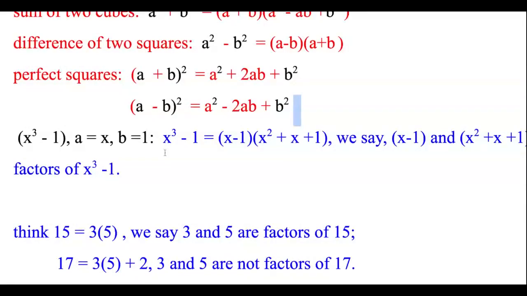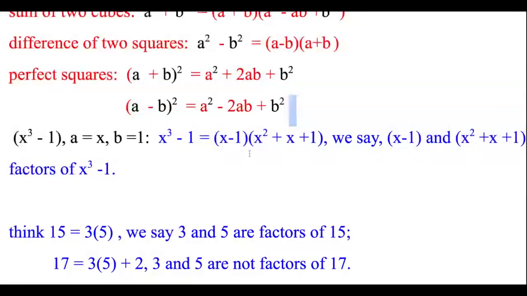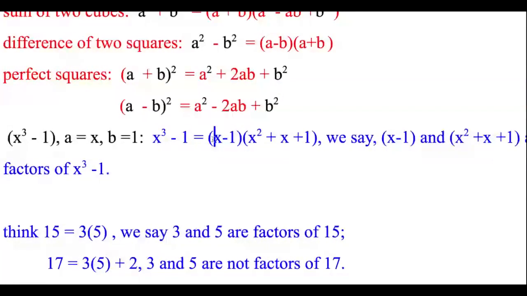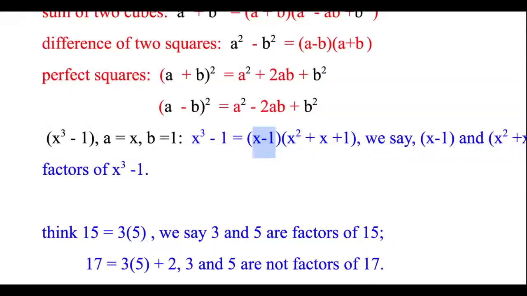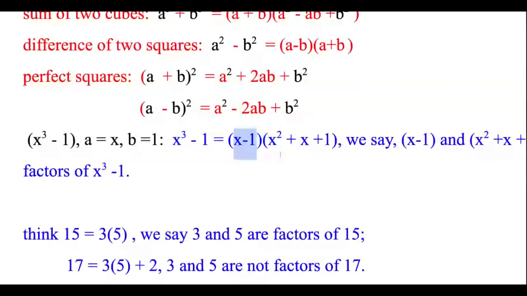So x cubed minus 1 can be factored, according to the top, as x minus 1 times x squared plus x plus 1. So we see x minus 1 and x squared plus x plus 1 are factors of x cubed minus 1. Because you see this one multiplied by trinomial, right? One binomial times one trinomial. And those two are the factors of x cubed minus 1.